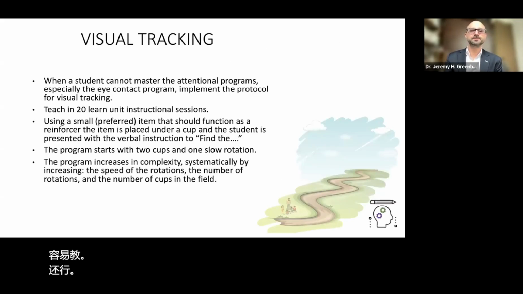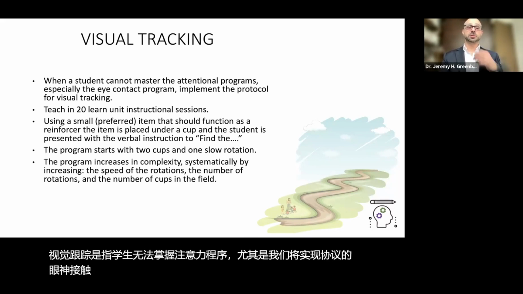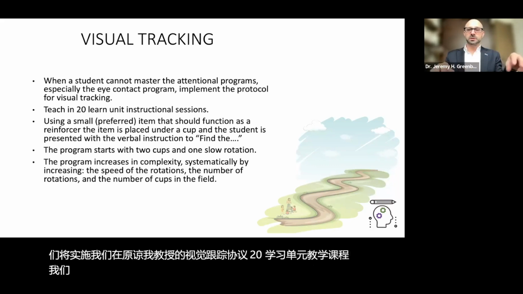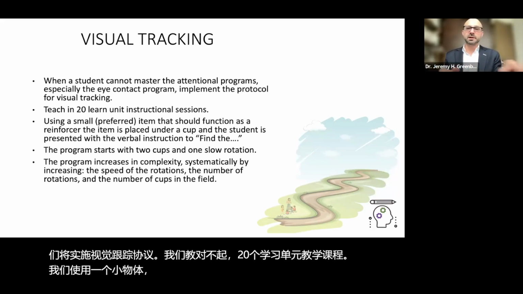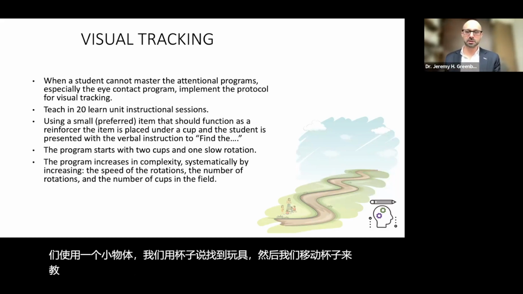Visual tracking is when a student cannot master the attentional programs, especially the eye contact program. We would implement the protocol for visual tracking. We teach in 20 learn unit instructional sessions. We use a small object and we use cups to say, find the toy, for example. And we move the cups around to teach them to attend to what is on the table.